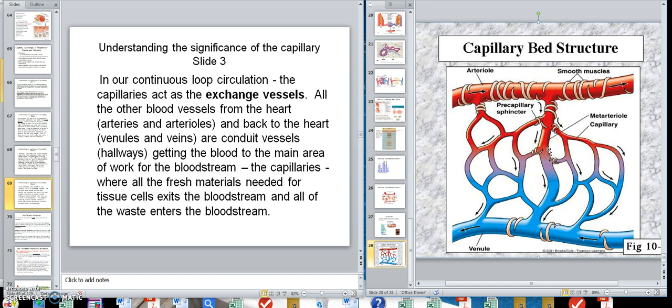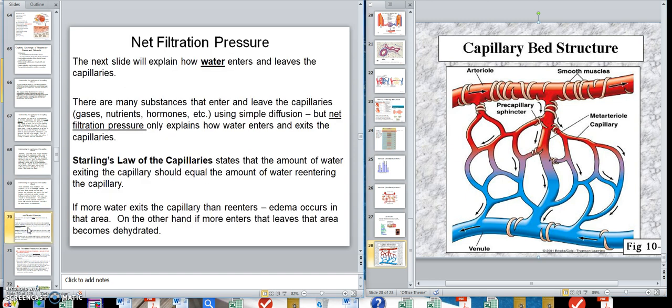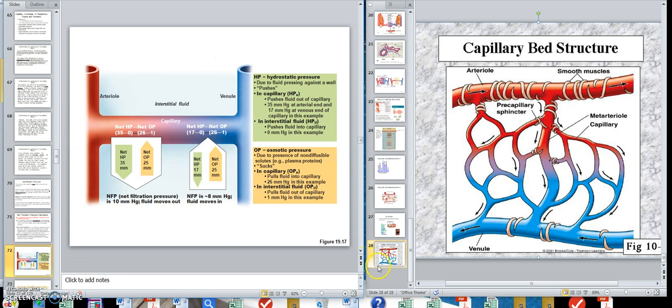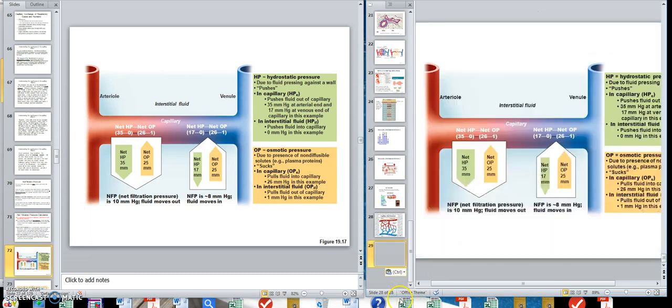All right, so we go on. Now, this here is what we call net filtration pressure. I'm going to copy this and put it over here. So now what we're going to look at is this net filtration pressure.